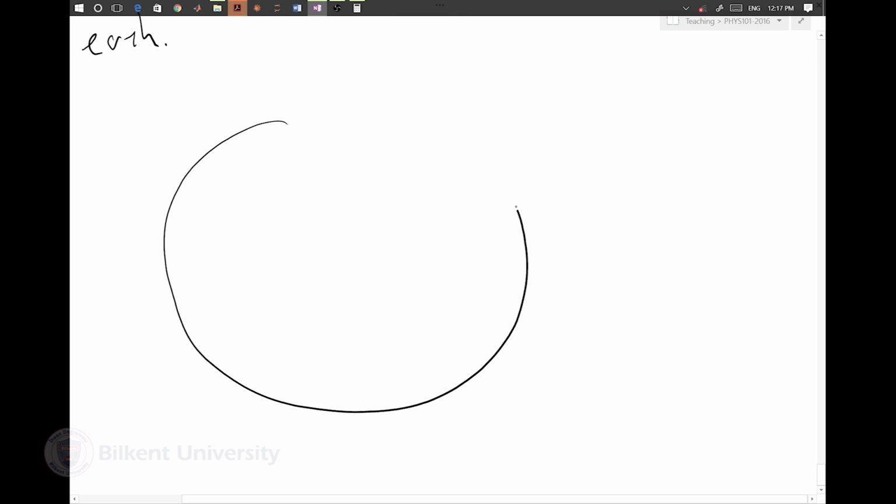Let's try to find out. Here is my Earth. And our Earth is, well, let me be more clear, I think the radius is actually about 6,380 kilometers.